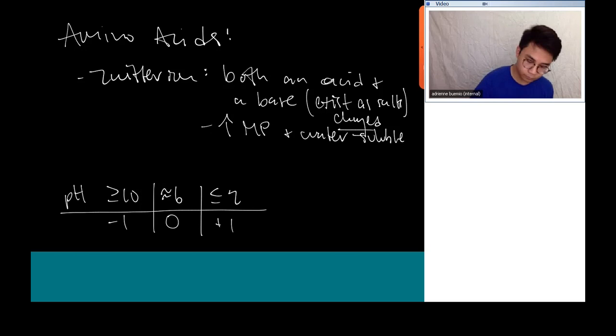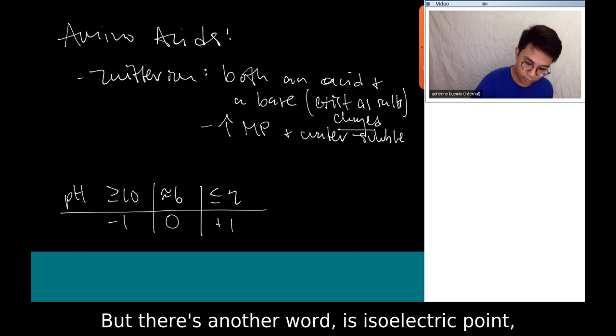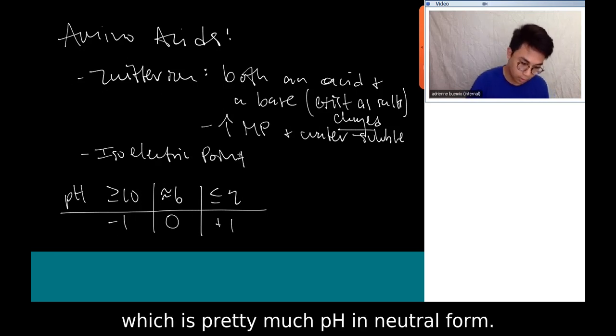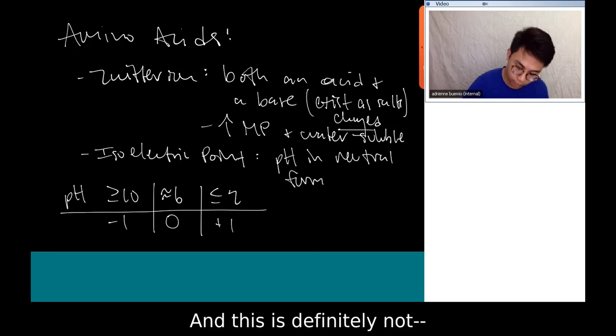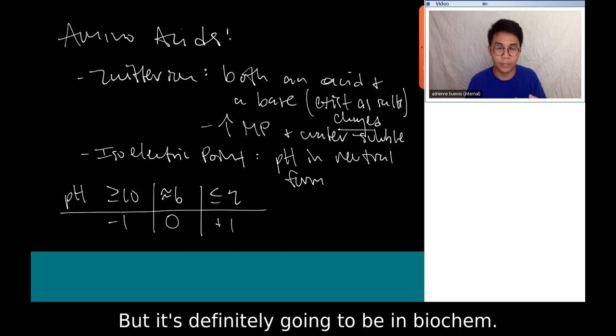But there's another word, isoelectric point, which is pretty much the pH in neutral form, right? You won't cover this in OChem, but it's definitely going to be in biochem.